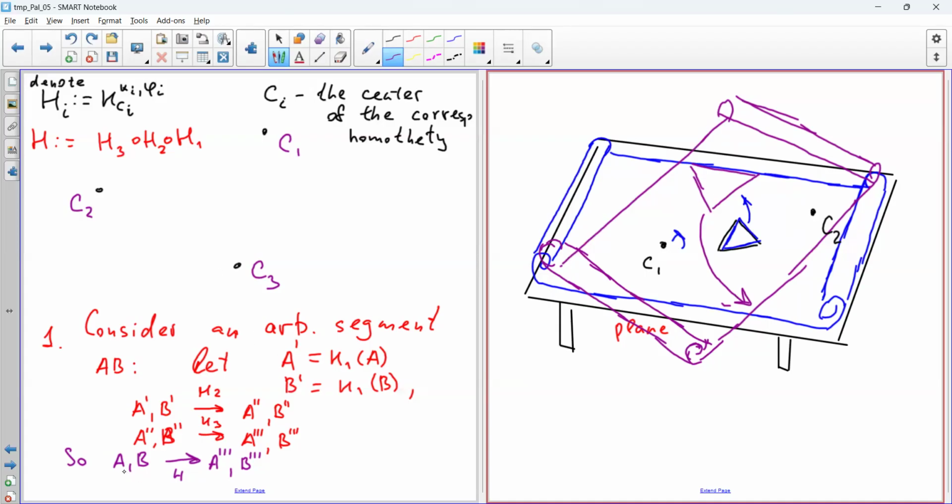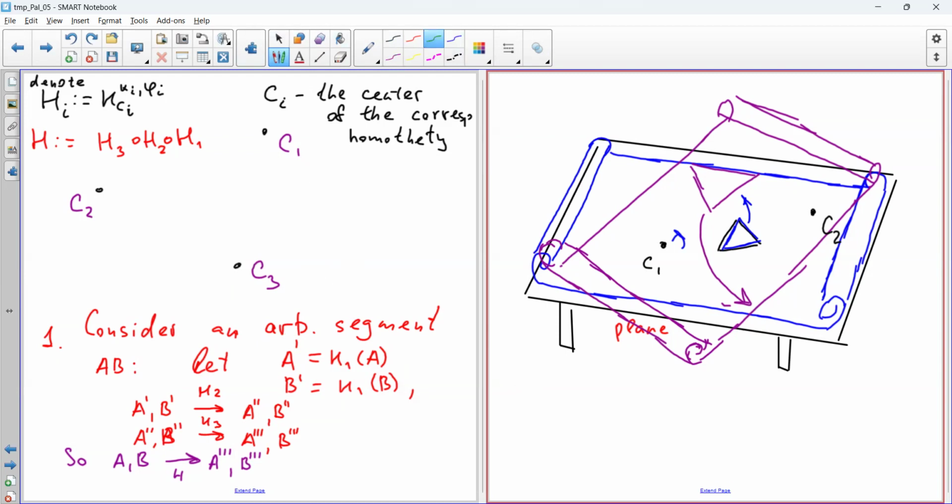So we just naturally deduce that A and B are sent to this A triple prime, B triple prime by this process. But then what can we say?